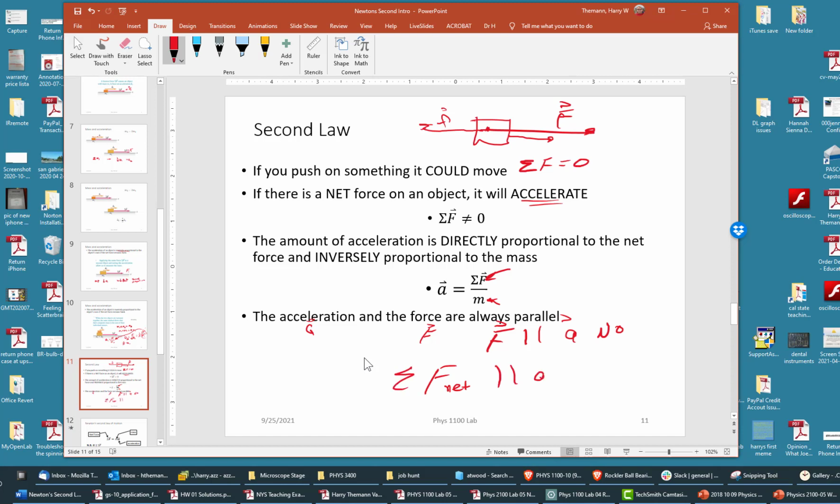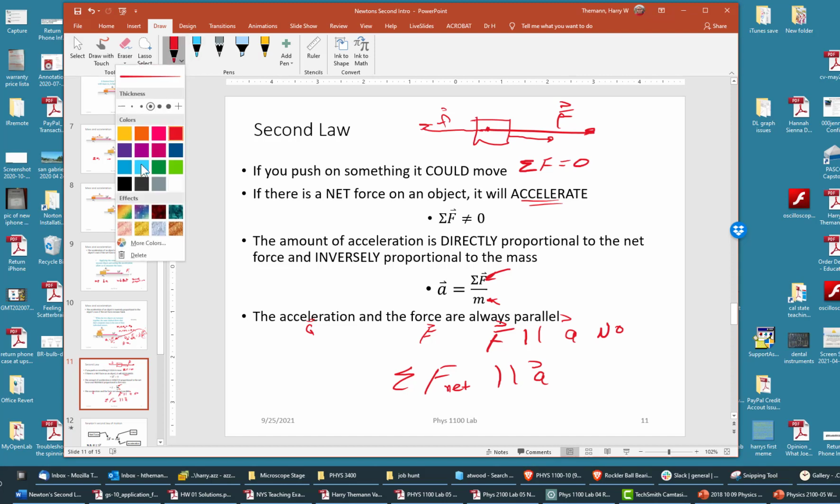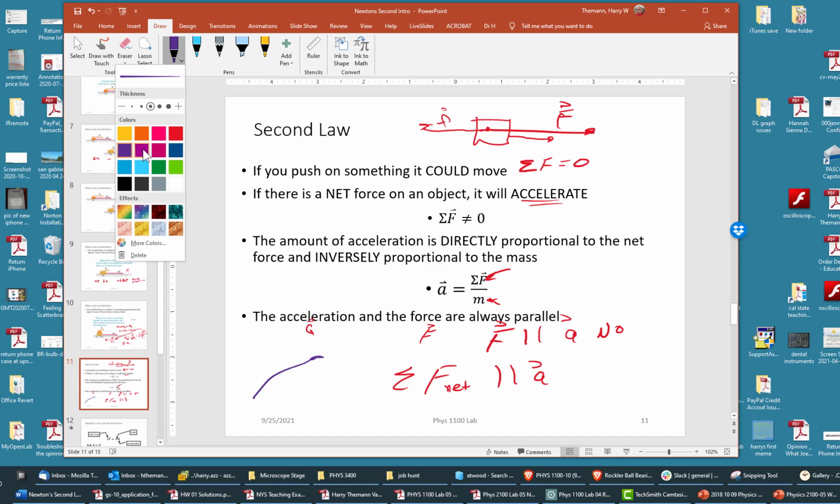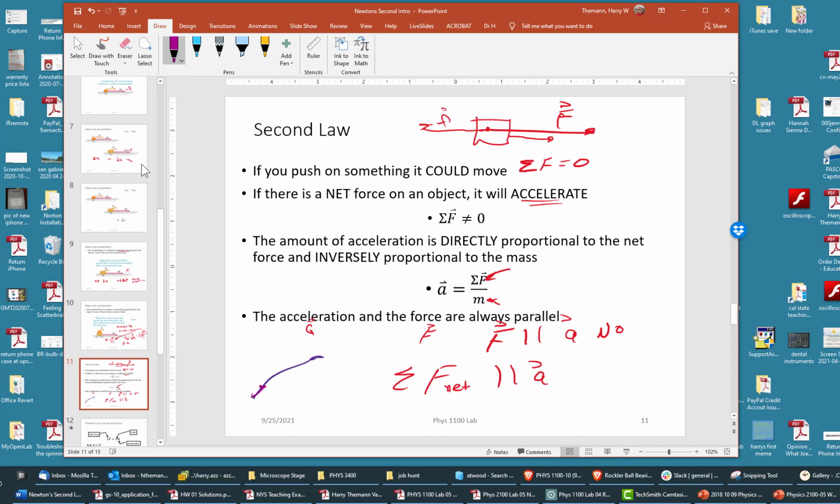The net force is parallel to whatever the resulting acceleration is, because when we increase speed or decrease speed, it requires a push, right? So this guy here is changing direction, and remember, the velocity vector is always tangent.